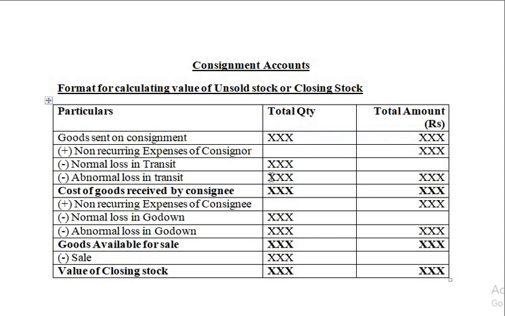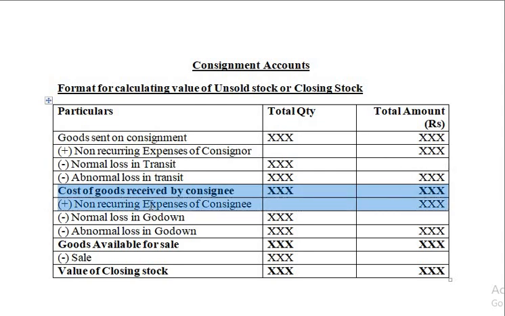But in abnormal loss, we have to deduct total quantity and also total amount, because abnormal loss is a sudden unexpected event. That's why we need to deduct abnormal loss from total quantity and also from total amount. You will get cost of goods received by consignee.